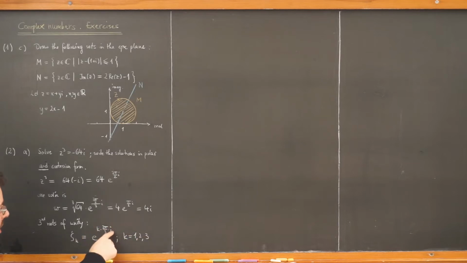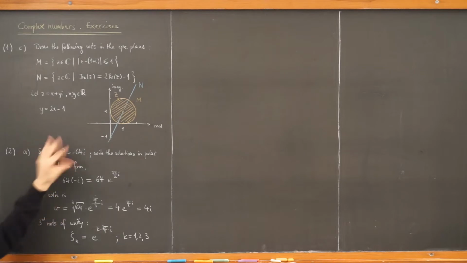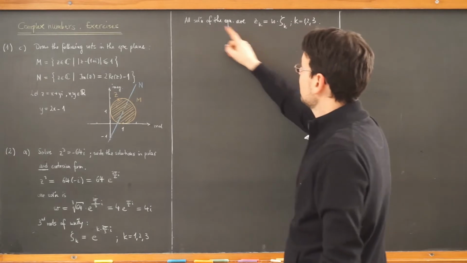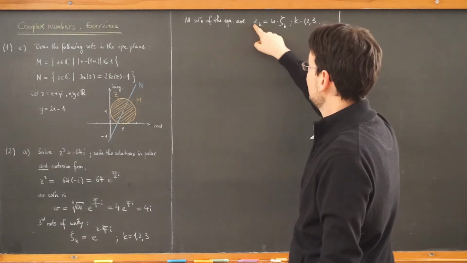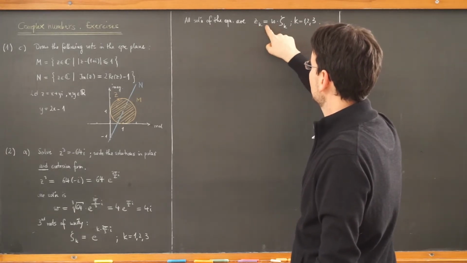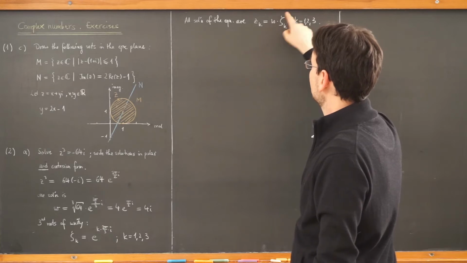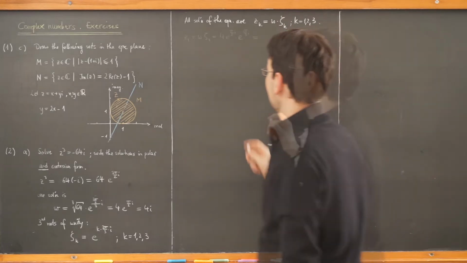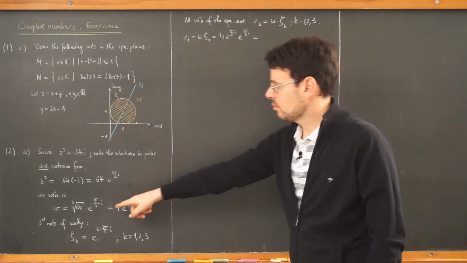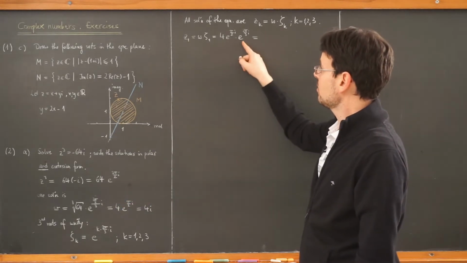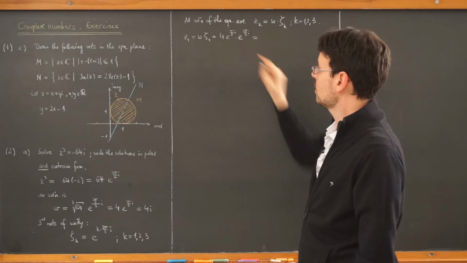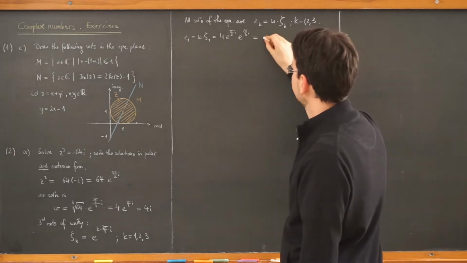And of course times i. These are the 3 third roots of unity, and if you multiply these with w, you end up with all the solutions of this equation. That's what we have here. All the solutions are z sub k equals w times zeta sub k. So here I write w again in polar form so that I can multiply easily with the first third root of unity.